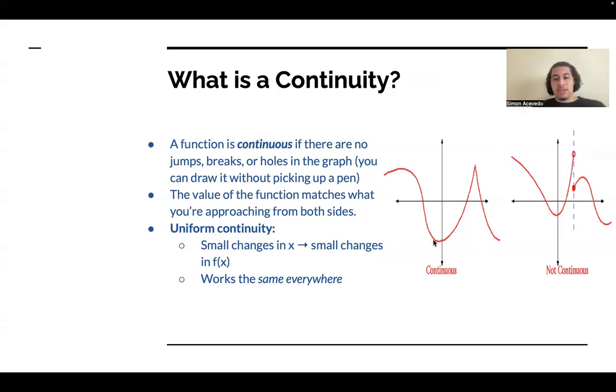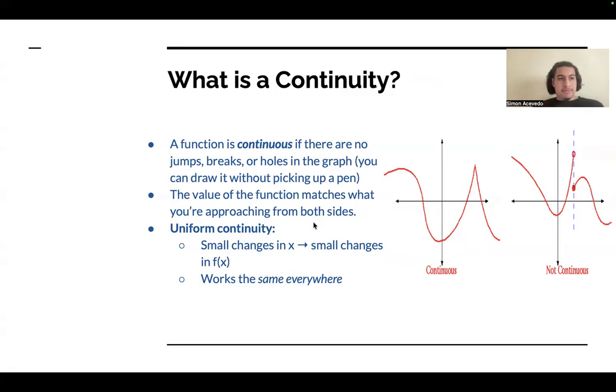So here, for example, if you pick this point, the limit from the left side is that point, and the limit from the right is also that point. And the value of the function matches the limits on both sides. So that's continuity, right? The value of the function matches the limit.